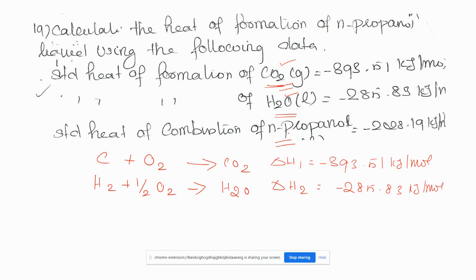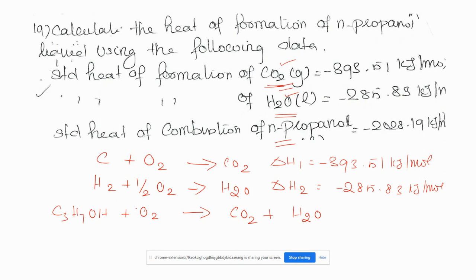Now the next is the standard heat of combustion of N-propanol. Propanol combustion means propanol is reacting with oxygen. So the propanol formula is C3H7OH plus O2 gives the combustion products, CO2 and H2O. Always remember CO2 and H2O.